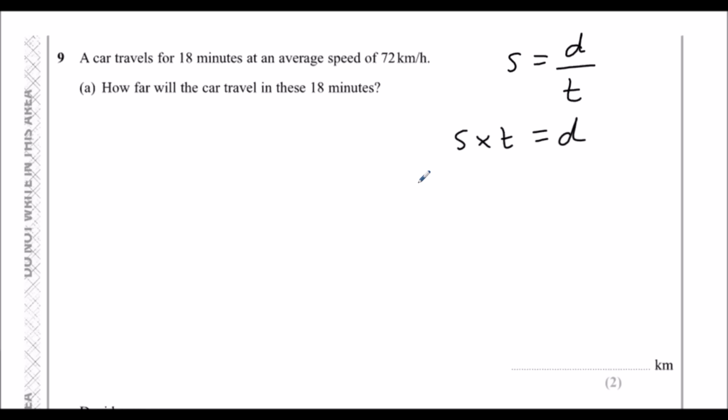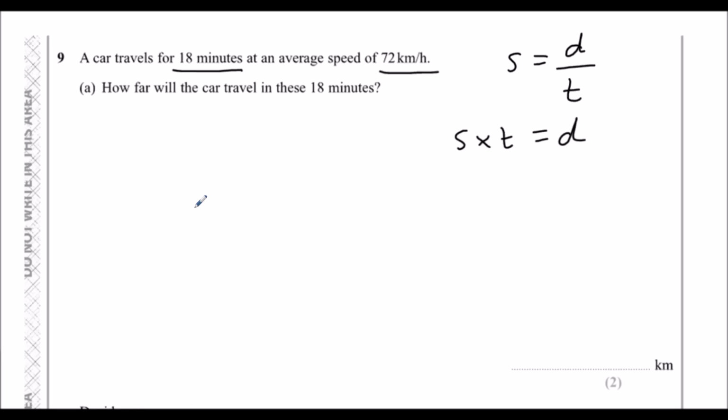The units we've got here, we've got 18 minutes and 72 kilometers per hour. So we can't just multiply these two together. We have to change the minutes into hours. And the easiest way to do that is just to write it as a fraction.